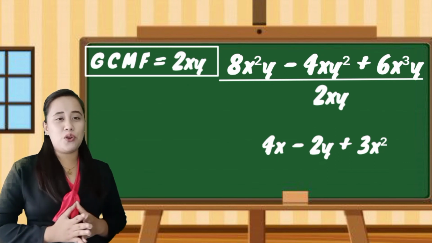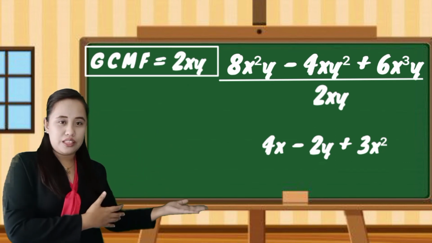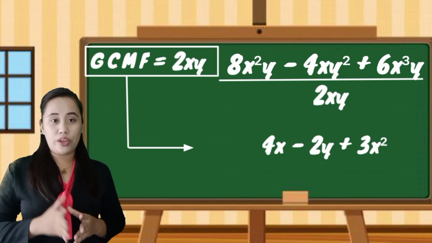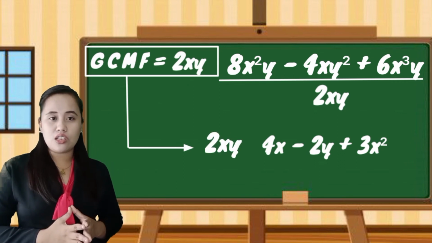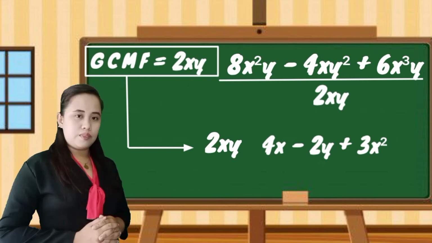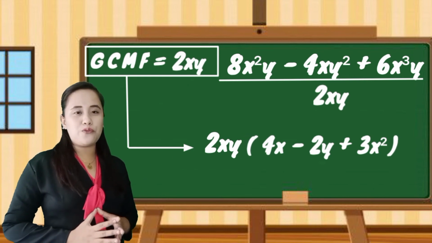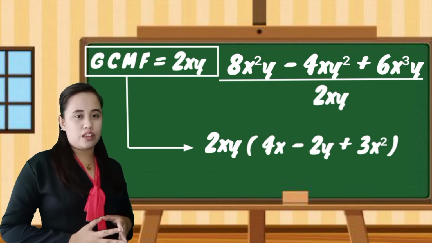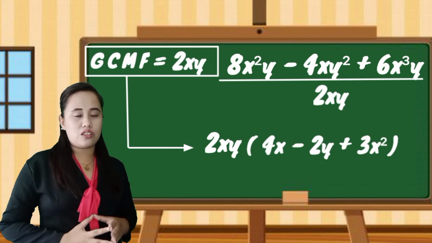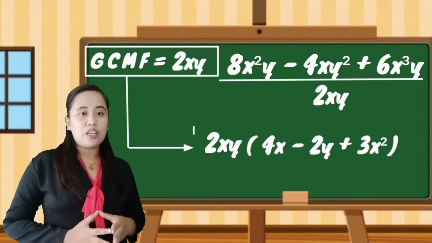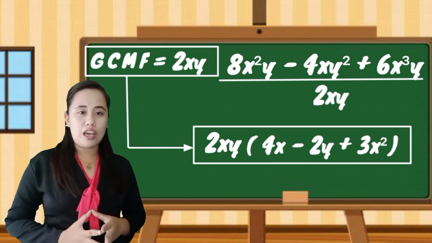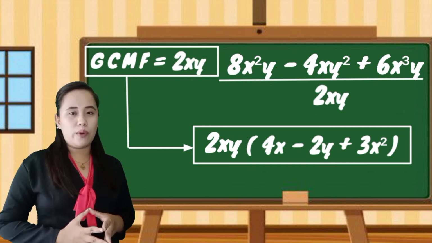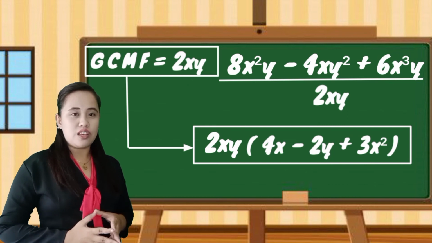For step number 4, we have to factor out our greatest common monomial factor that we have a while ago, which is 2xy. Okay? So we now have our final factored form of 8x squared y minus 4xy squared plus 6x cubed y, which is 2xy times the quantity of 4x minus 2y plus 3x squared.